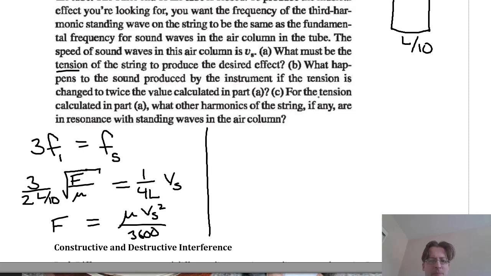Okay, then question C. For the tension calculated in part A, what other harmonics are in resonance with standing waves in the air column? So we're looking for all the different harmonics which will resonate with the air in the tube. In this case, it was the third harmonic of the string matched the fundamental of the air column. But in general, I could have the nth harmonic of the string match the, let's say, the mth harmonic of the fundamental in the tube.